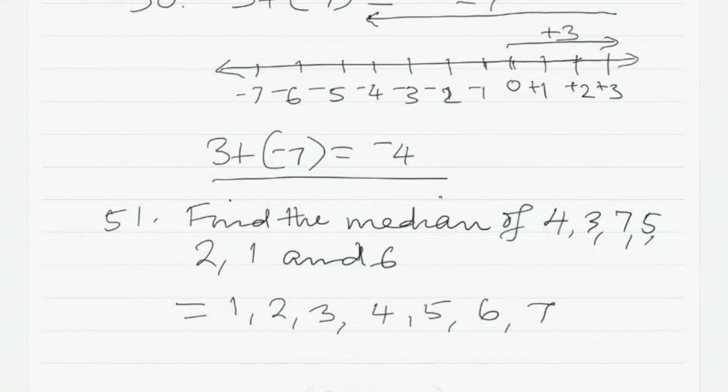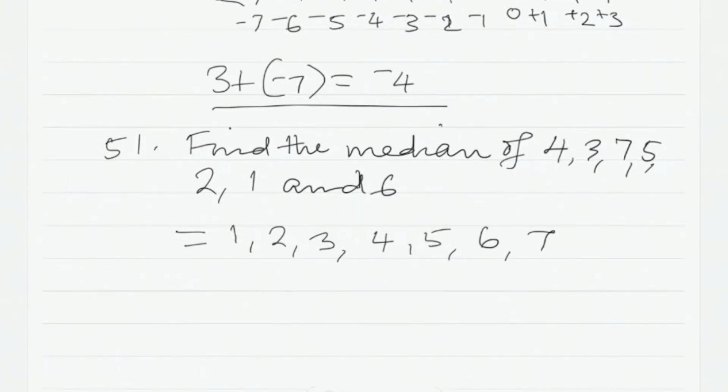The median will be the number found in between the other numbers. So we count 1, 2, 3, and this side 1, 2, 3. So the number in the middle of the array of these numbers is 4. So our answer is C.